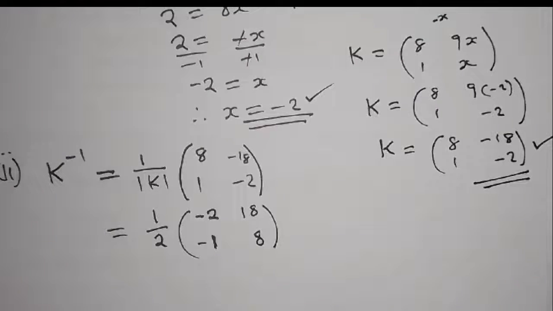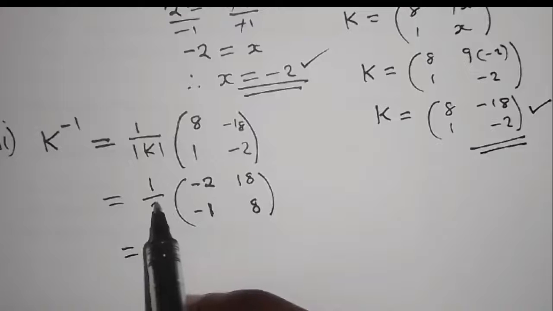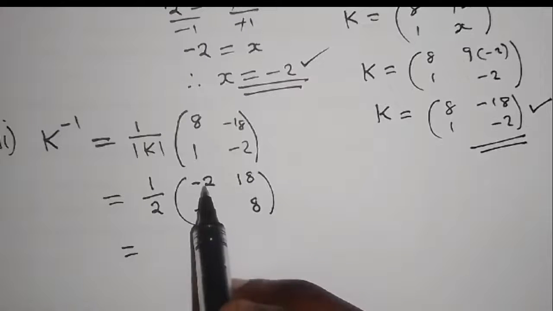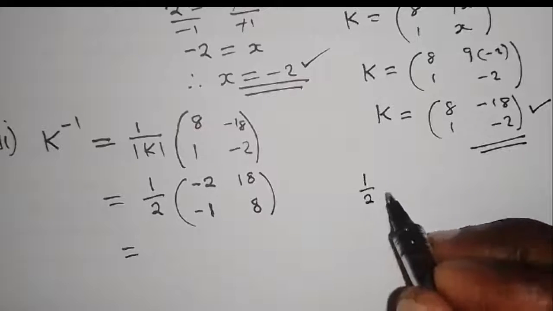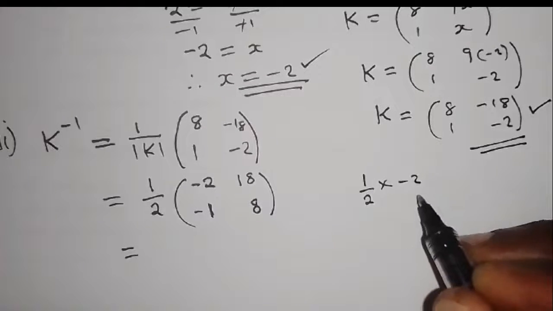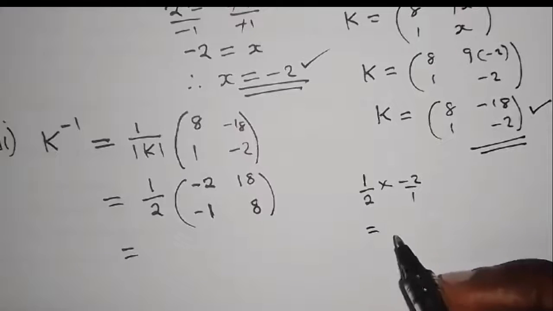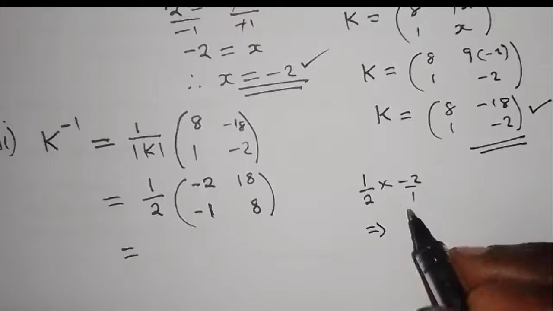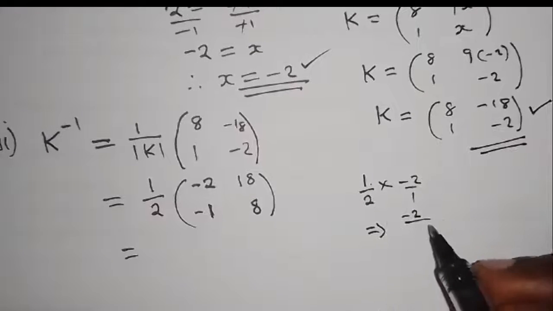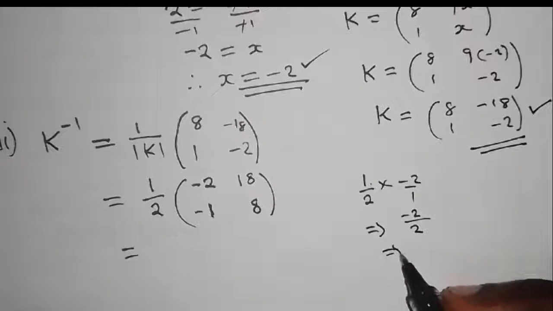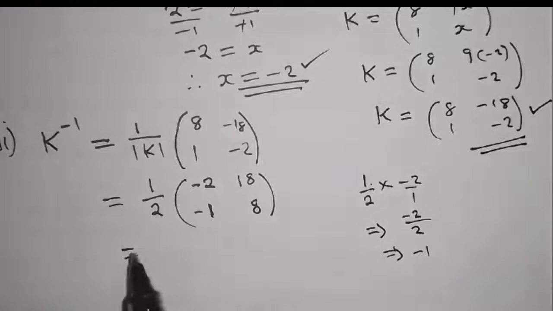So from there now you can just simplify by multiplying. This 1 over 2 multiplied by negative 2. So we are just doing like this: you put over 1, and then you say 1 times negative 2 is negative 2, then 2 times 1 is 2. And then 2 into negative 2 is negative 1.